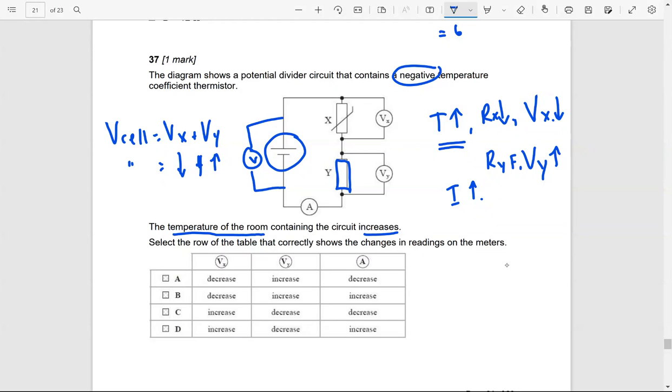So the total resistance in the circuit has dropped because Rx has dropped, which means that the current in the circuit has increased. So we're looking for an increase in current, an increase in voltage in Y, and a decrease in voltage in X. So it's B.